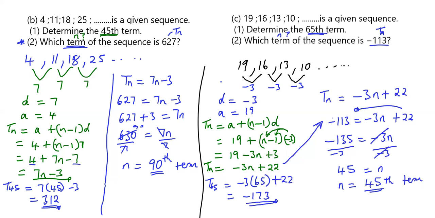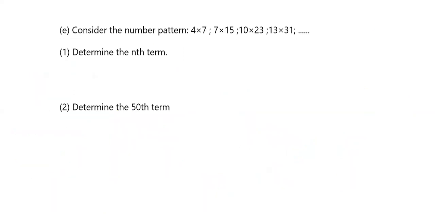Okay, let's move on to the next problem. Consider the number pattern 4 times 7, 7 times 15, 10 times 23, 13 times 31. Here again, what I want you to know is to treat these products separately.